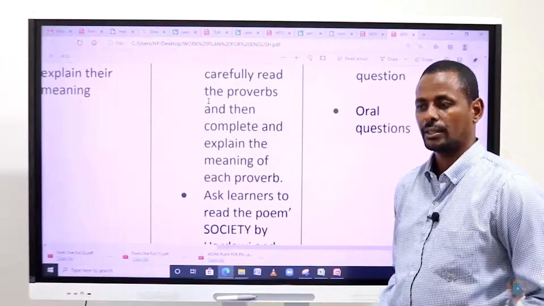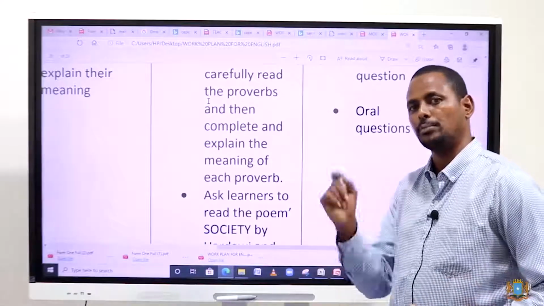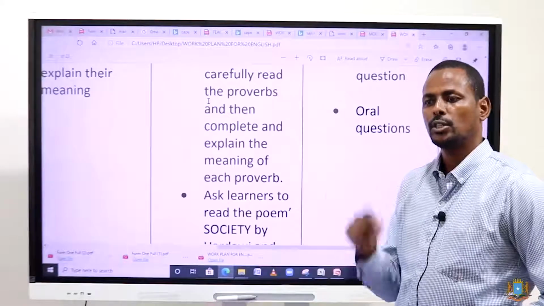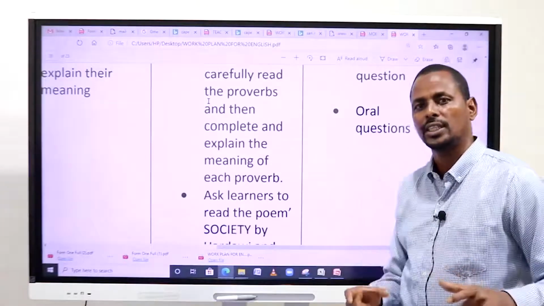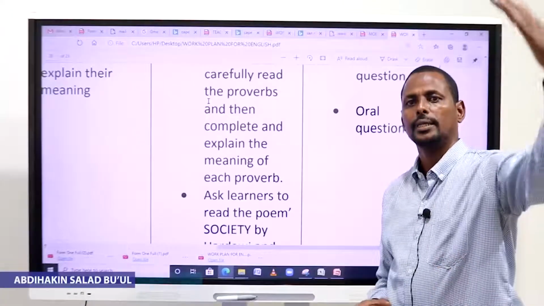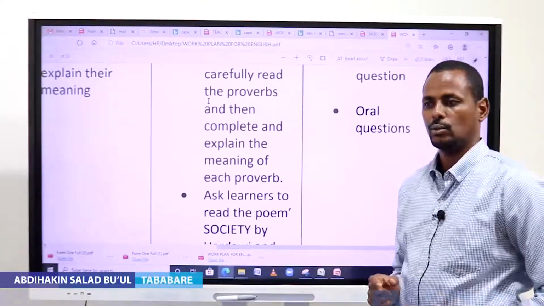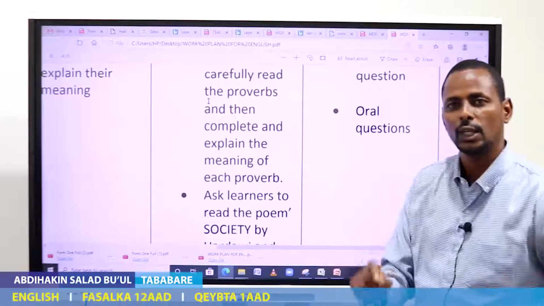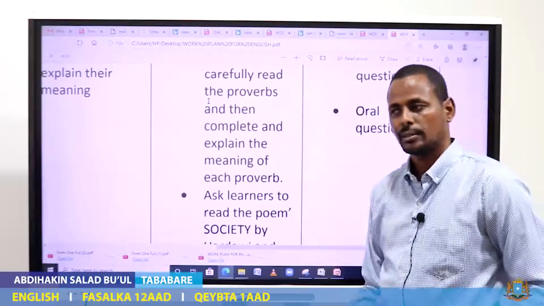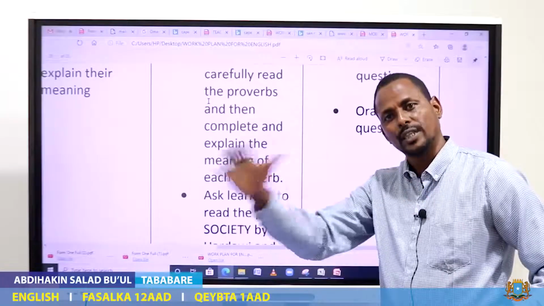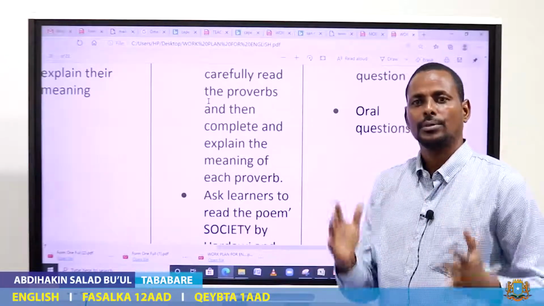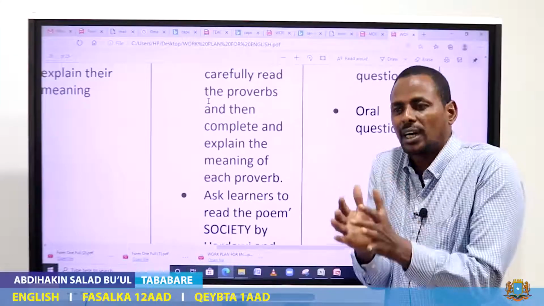Because poets are people who write poems. Poets use words economically. Poems are not written like we write an essay. When you're writing an essay, you use paragraphs, you use long sentences. Poems use words economically.